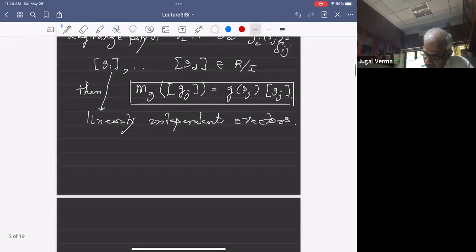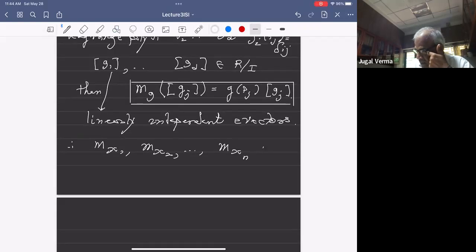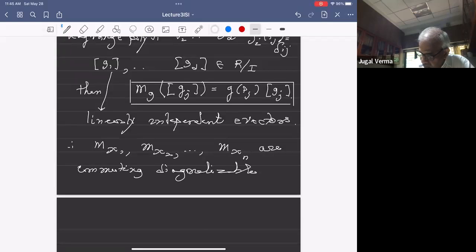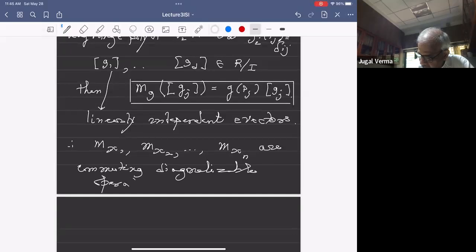So in particular, therefore, when I take mx1, mx2, and mxn, these are commuting diagonalizable operators on my D-dimensional vector space.